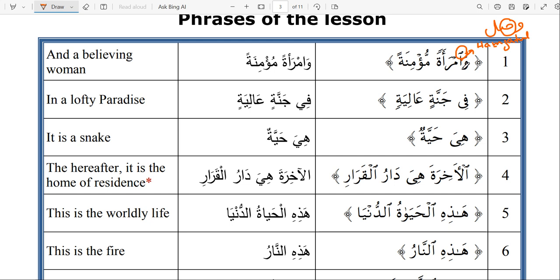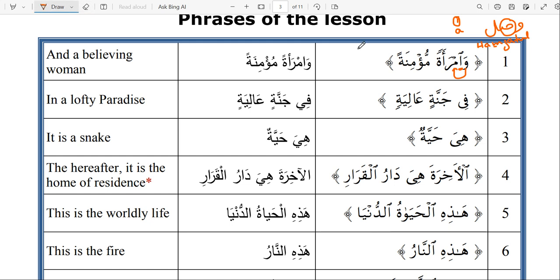Did I pronounce the alif or hamza with one sound, one count? Here, did I read wa imra'atan? No, I read wamra'atan. My sound was connecting with the meem, and I skipped the hamzatul wasl totally here.